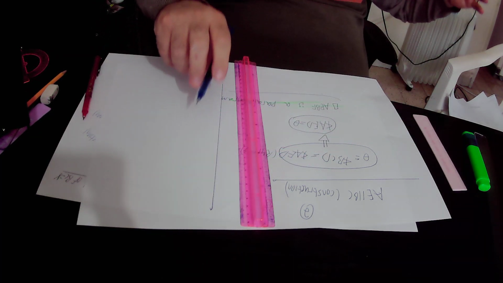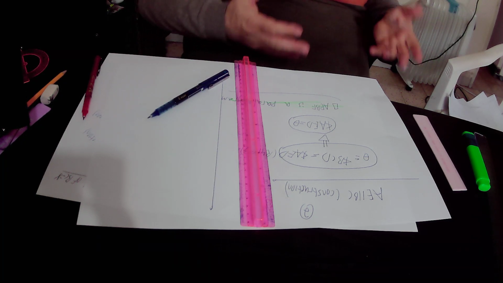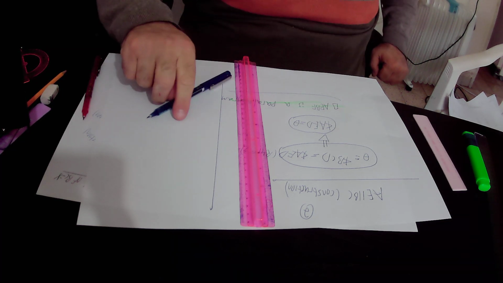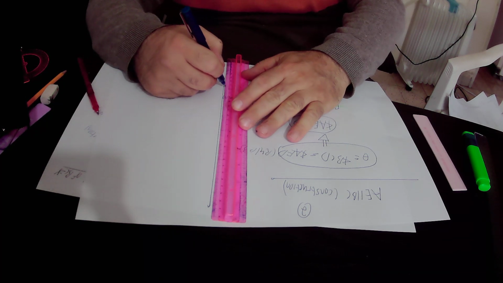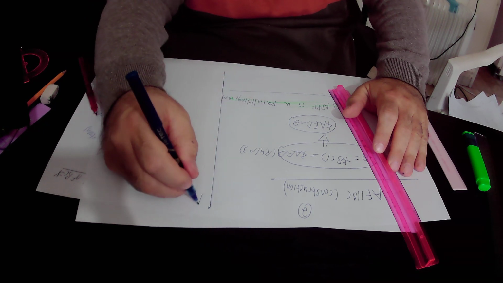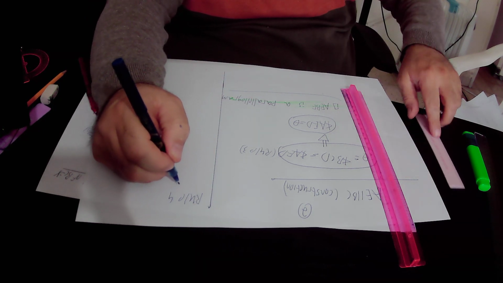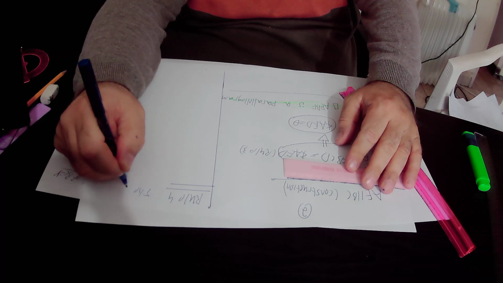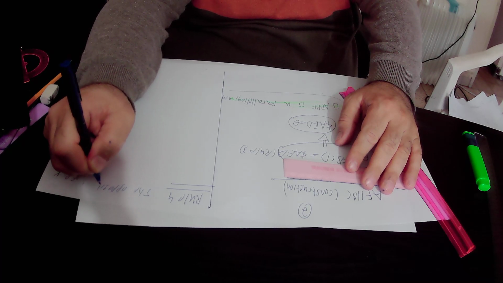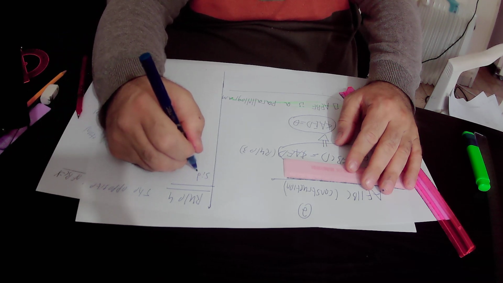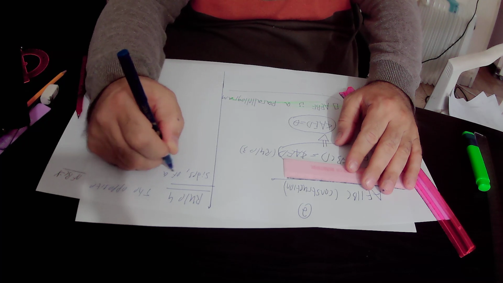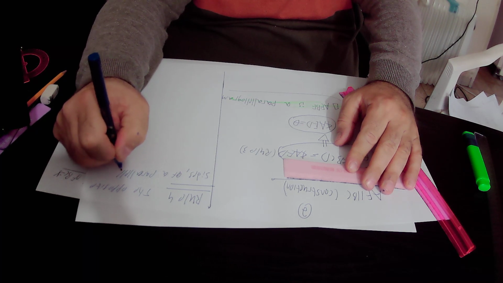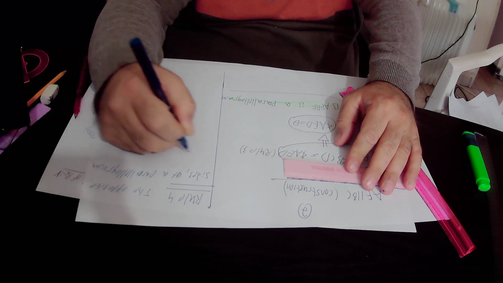The opposite sides of a parallelogram are parallel to each other and also equal to each other.